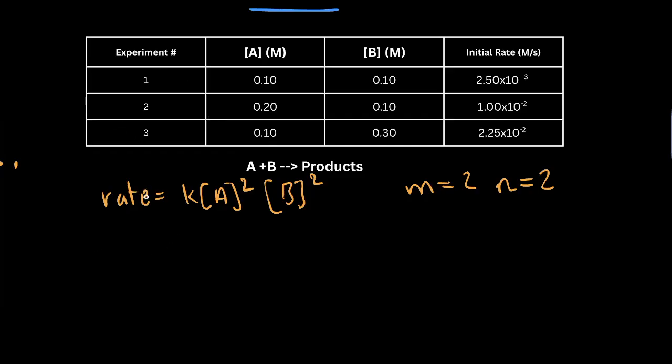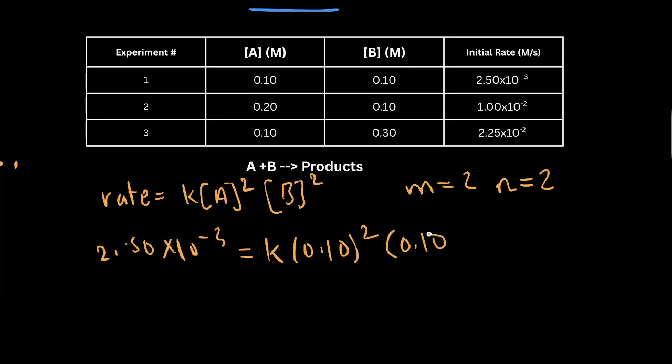So let's say we're given the rate here is 2.5 times 10 to the negative 3. We need to find k still, so let's write k here. But we know A, its concentration is 0.1 molar, and we have the order is 2. Similarly, we can do the same thing for B. In this case, 0.1 to the 2.